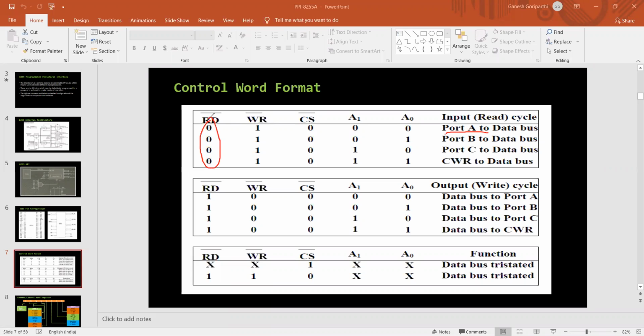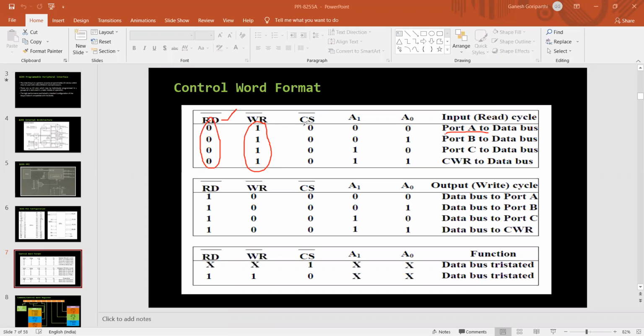When you have a low signal on RD bar, we conclude that it is going to perform a read operation. And the WR bar signal is active high, that means no write operation is performed. So when you are performing only a read operation, your RD bar signal is active low.